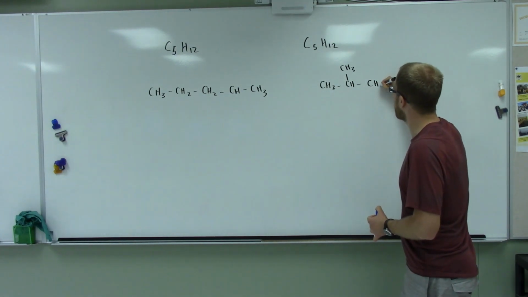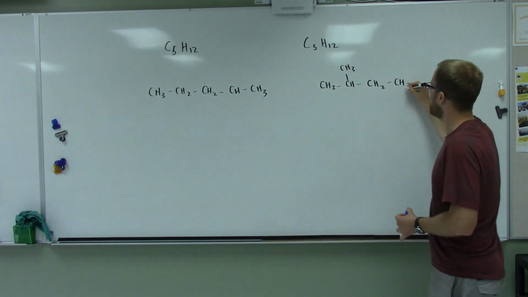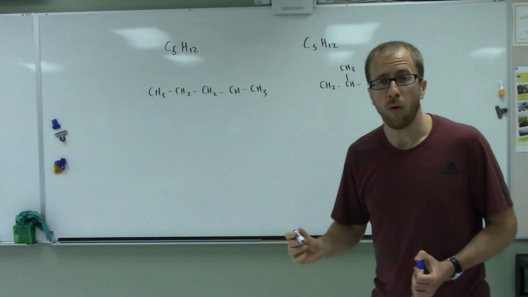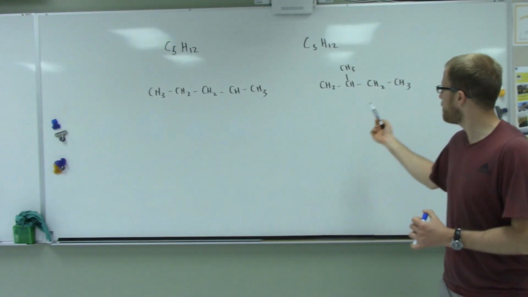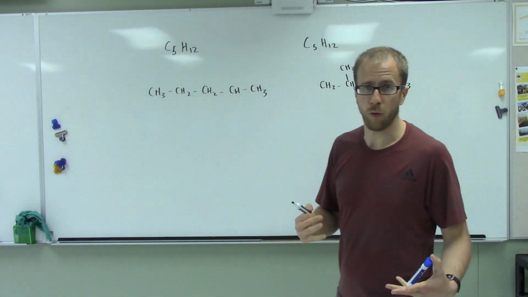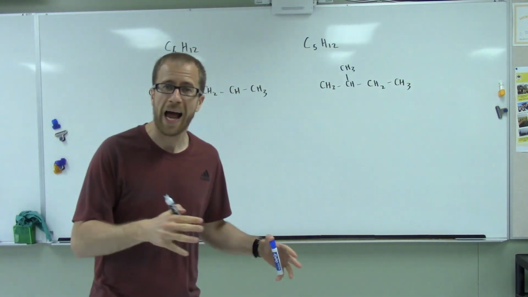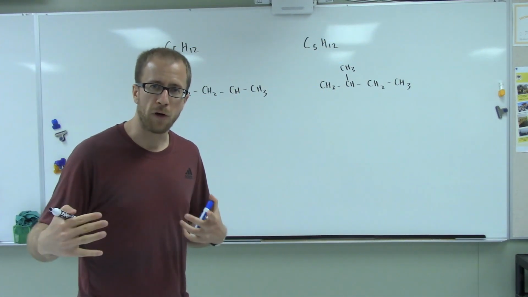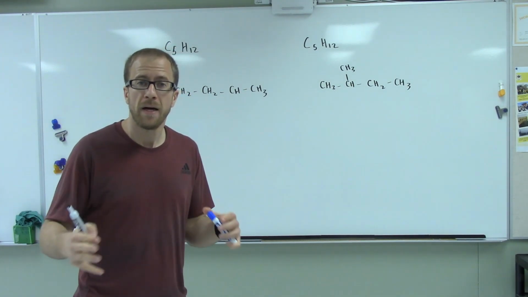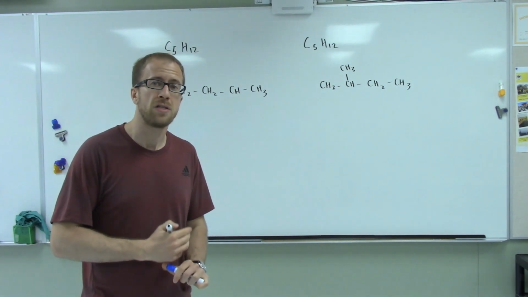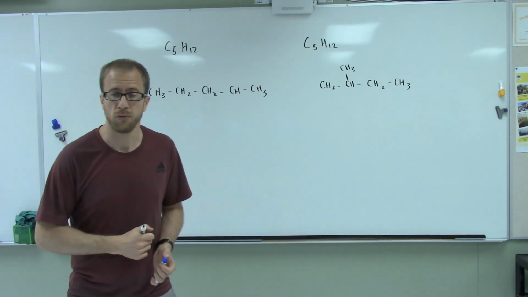It could look like this, for example. Now, both of these compounds have the same molecular formula, the same amount of carbons and hydrogens. However, they will behave fundamentally differently in terms of their chemical characteristics.